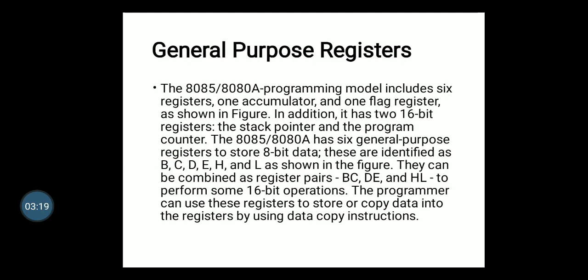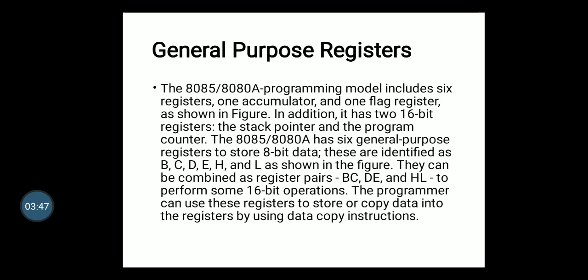Next one is the general purpose register. The 8085 and 8080A programming model includes 6 registers, 1 accumulator and 1 flag register as shown in figure. In addition, it has two 16-bit registers, the stack pointer and the program counter. 8085 and 8080A have 6 general purpose registers to store the 8-bit data.